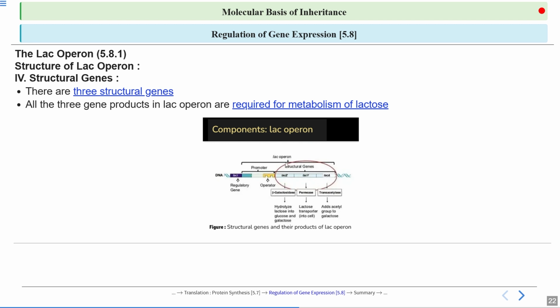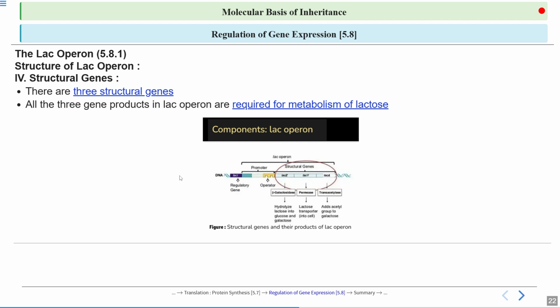We have talked about the regulatory gene, which has been shown as lac I. Then there is the promoter, then the operator, and then these three structural genes.